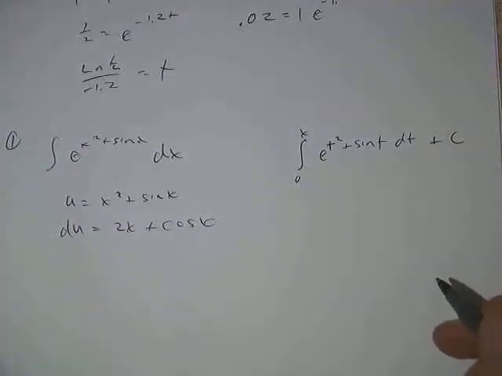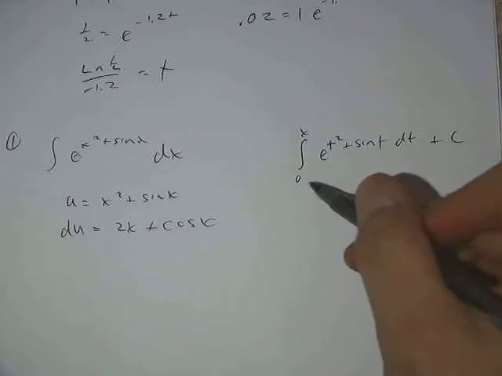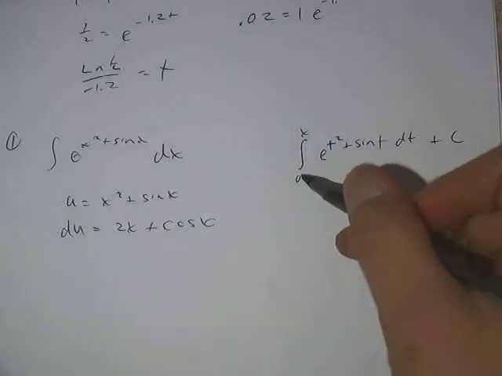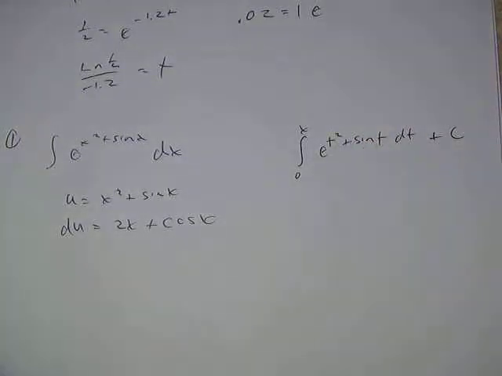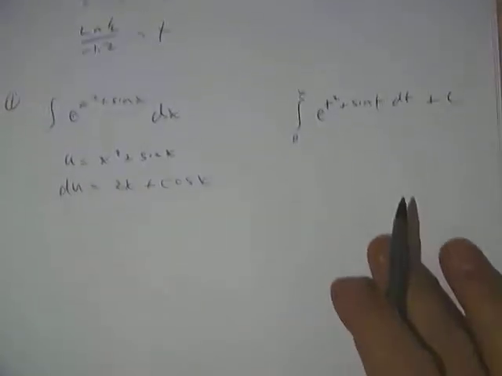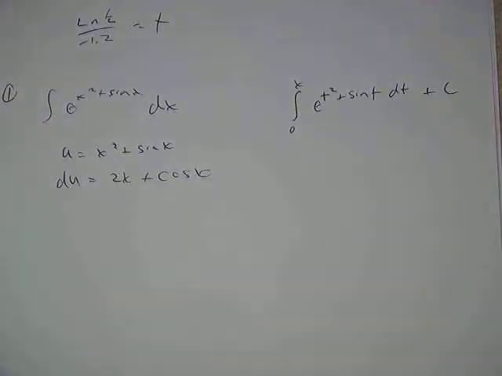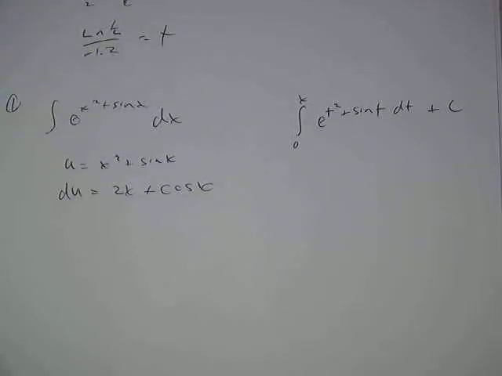Keep in mind they didn't give us an initial condition this time. Normally the x value is here and the y value would be here, plus whatever makes it go through that particular point. We don't have an initial condition, so we can use any a value we choose and just put plus c on the end, because ultimately this represents an antiderivative.